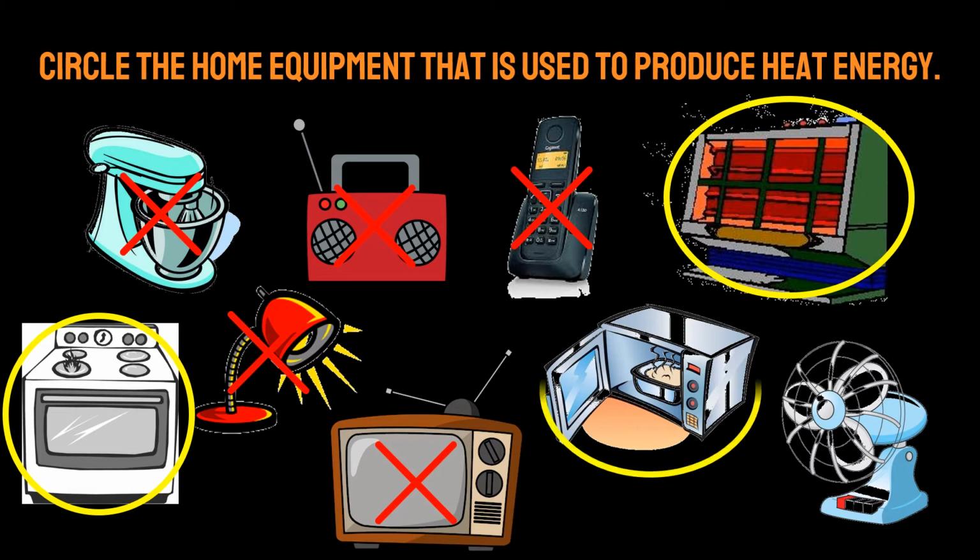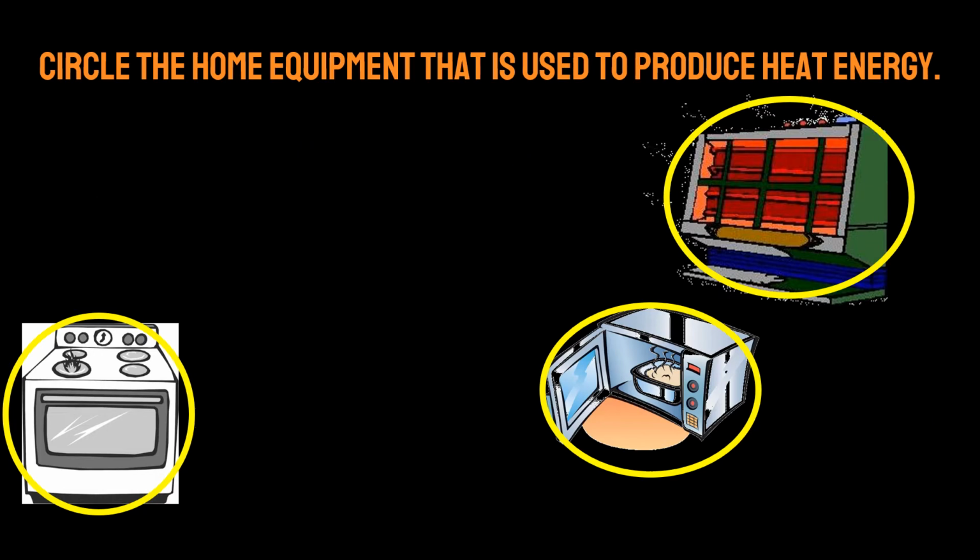So, this is another equipment used in our houses to produce heat energy. The fan is not used to produce heat energy. The heater, the stove, and the microwave are equipment used in our houses to produce heat energy.